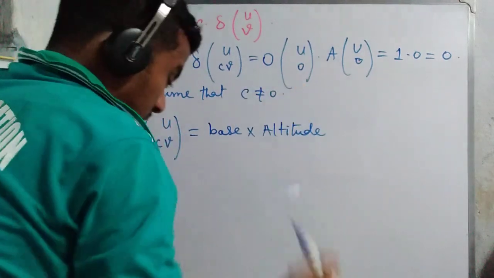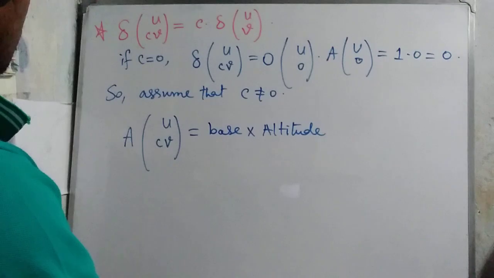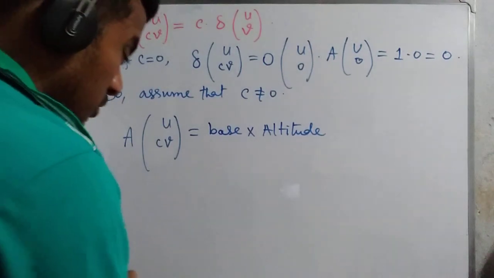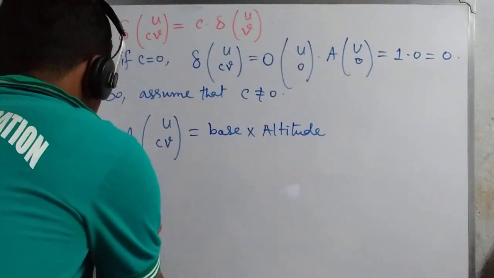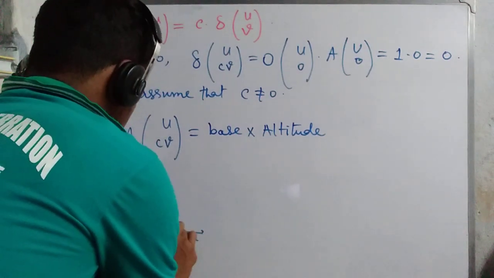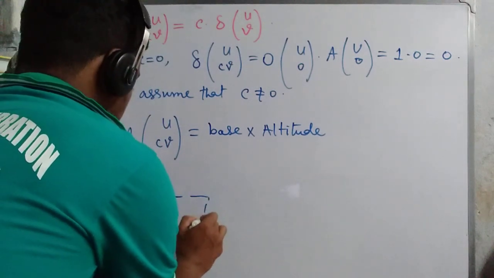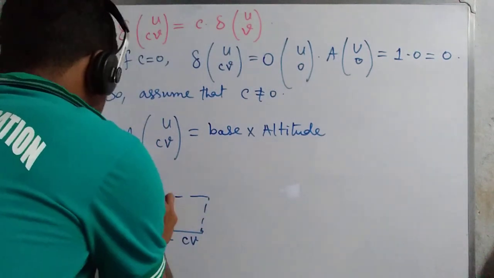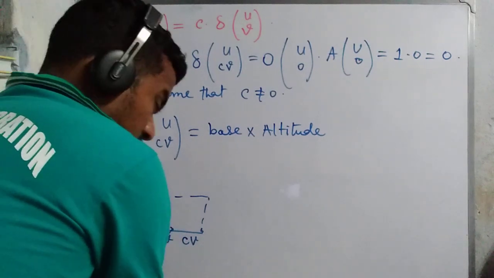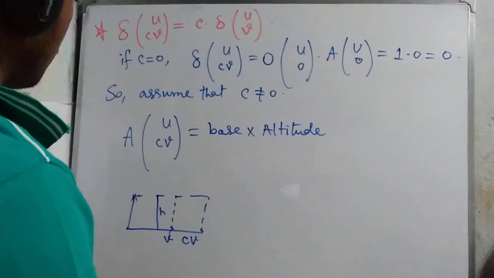We draw one figure: this one is U, this one is CV, this one is V, and this one equal to H. Understood?